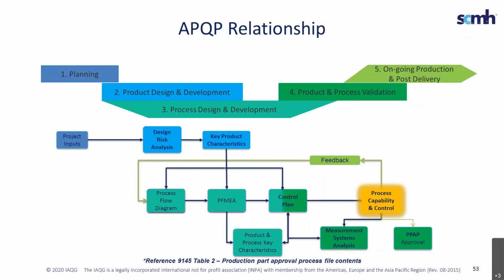If you notice in this chart, you see key product characteristics are toward the center of the picture here. We felt it was best to group it in this discussion because this is where key product characteristics and variation control really come together. But they are at different points of our APQP process.